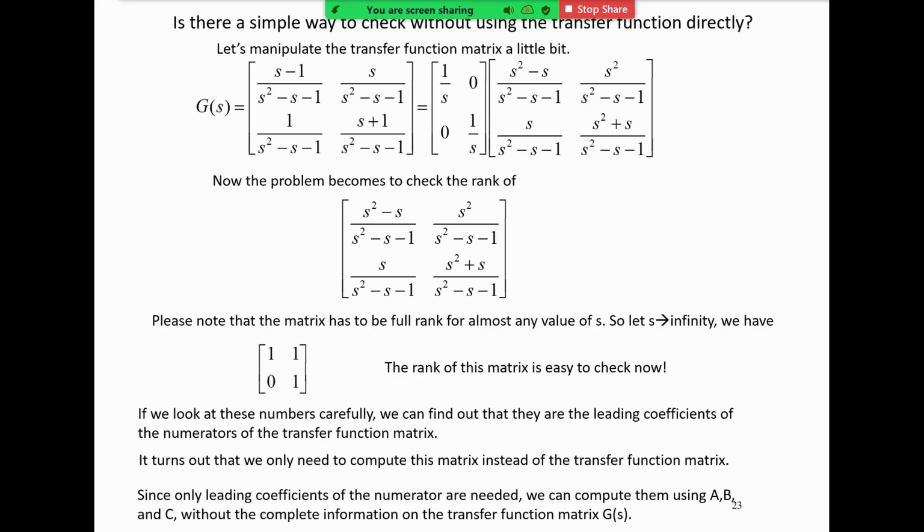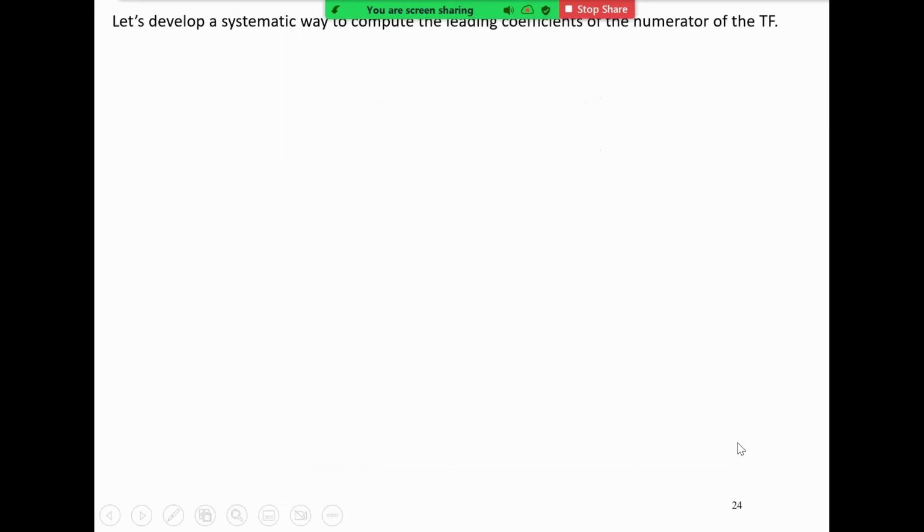We only want to come up with an algorithm using only A, B, and C. So we're going to develop a systematic way to compute the leading coefficients of the numerators of the transfer function. Once we do that, we will write the transfer function in a very special form, such that we can get the solution for the decoupling problem.